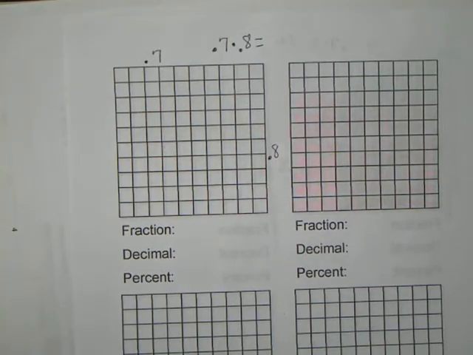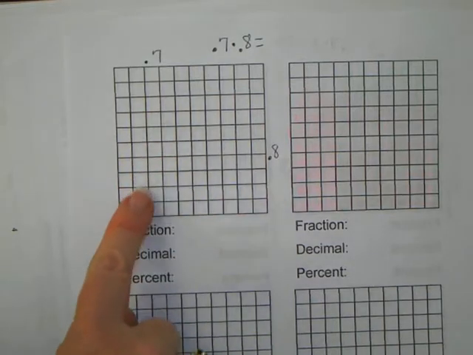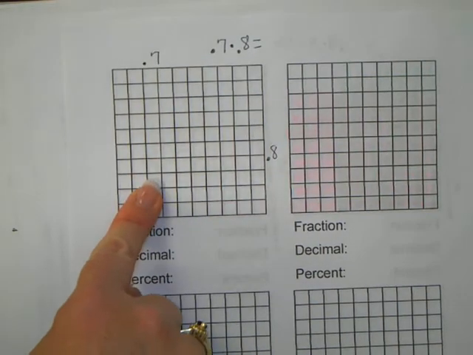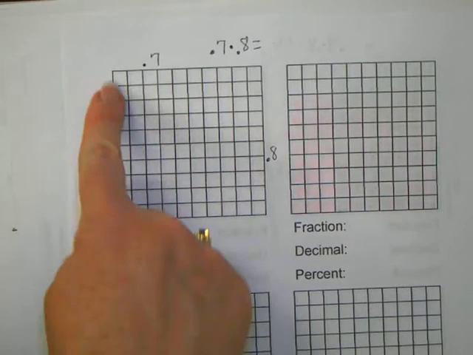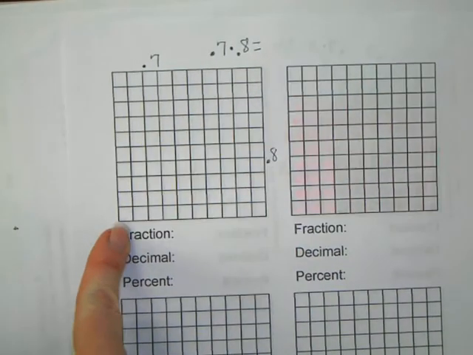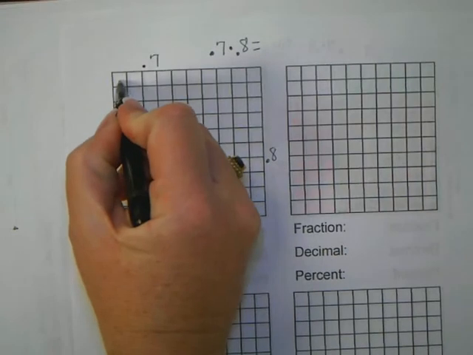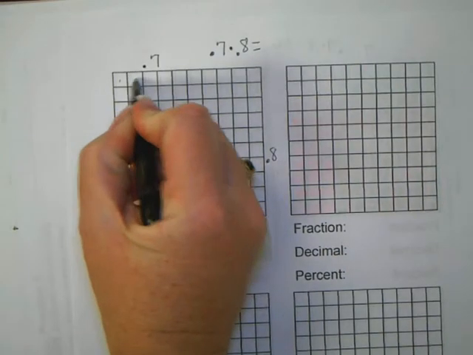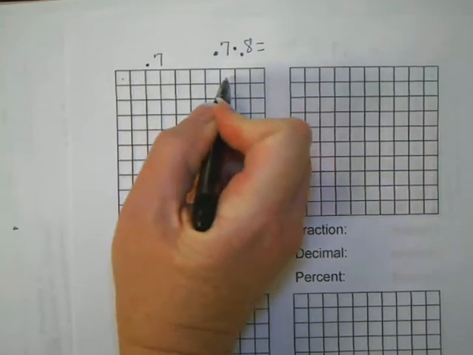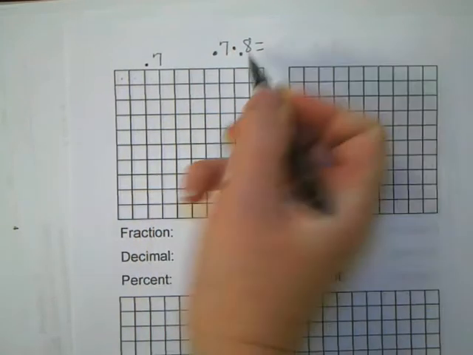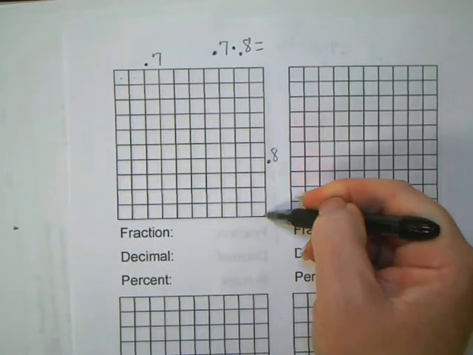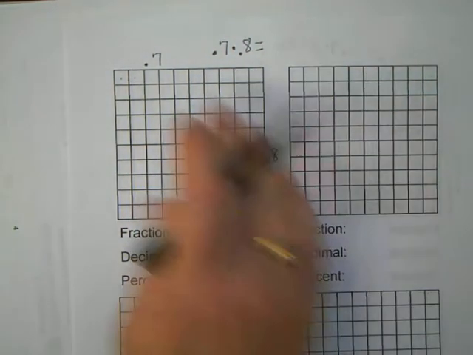All right, so each large square that you see here represents one whole. Each row across and each column represents 1/10. I want you to notice that each little square is 1/100th. So if I go across here, I've got 10 hundredths, and that represents 1/10. And I've got 10 of these rows, so that's 10 tenths, which represents my one whole.